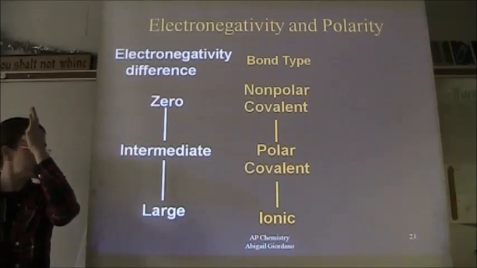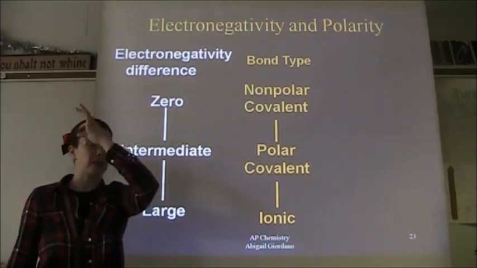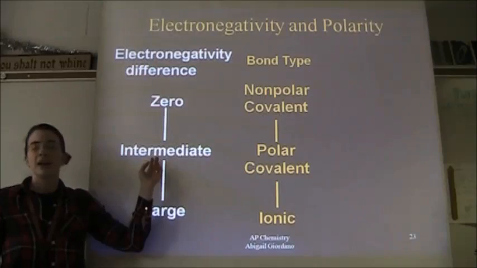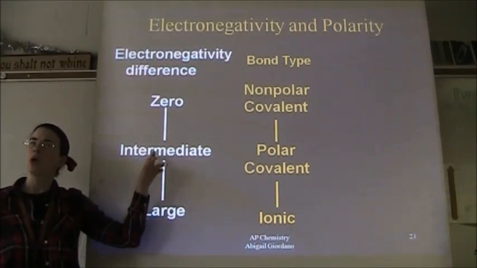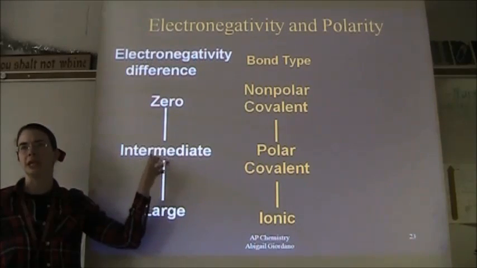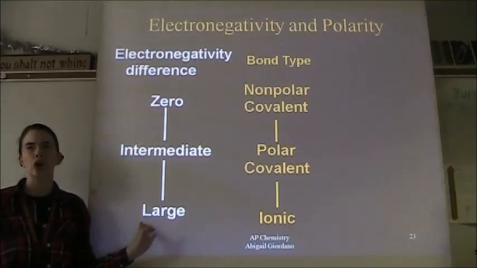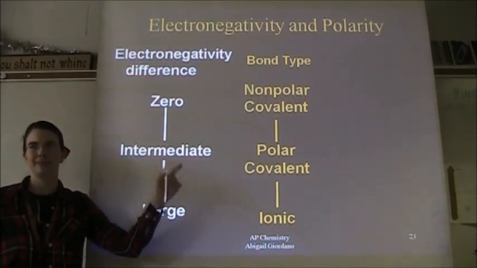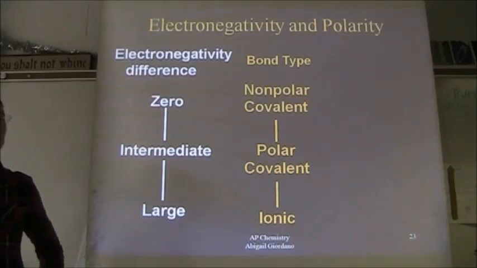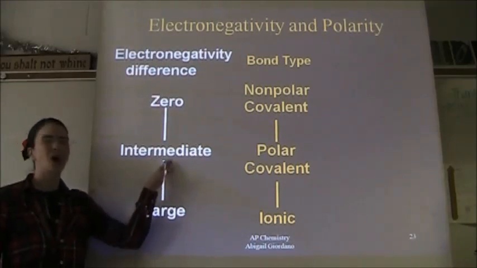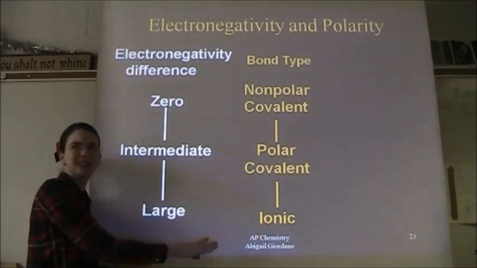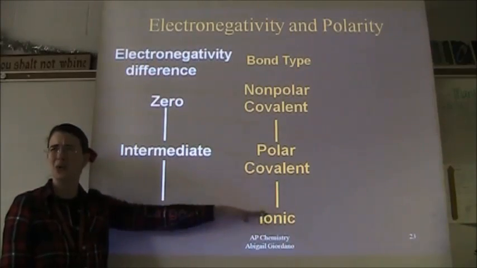I can see it scrolling across your foreheads like the crawl on CNN. You're thinking, okay, well, what kind of number is intermediate? What's considered a large difference versus an intermediate difference, right? Maybe you're wondering, how do I know where it stops being polar covalent and when does it become ionic? How do I know?